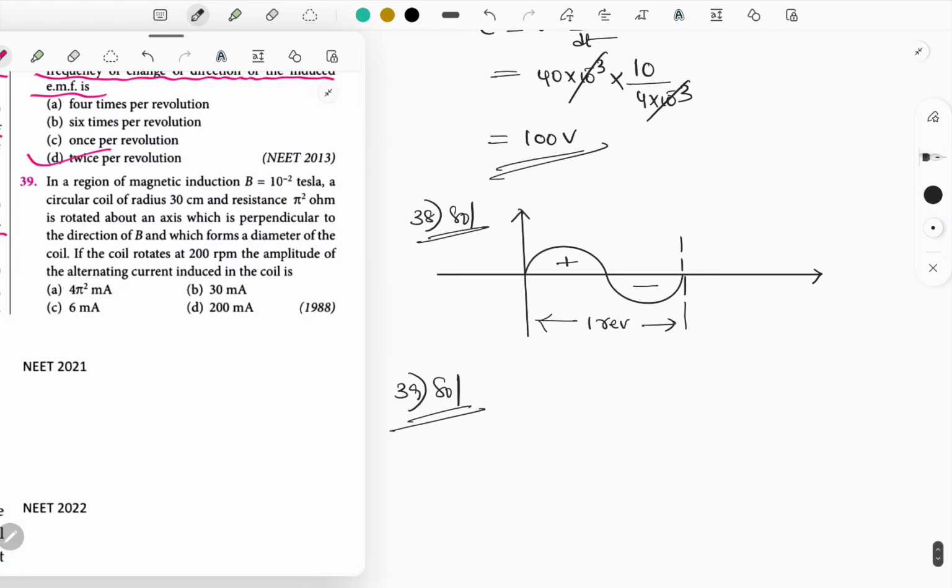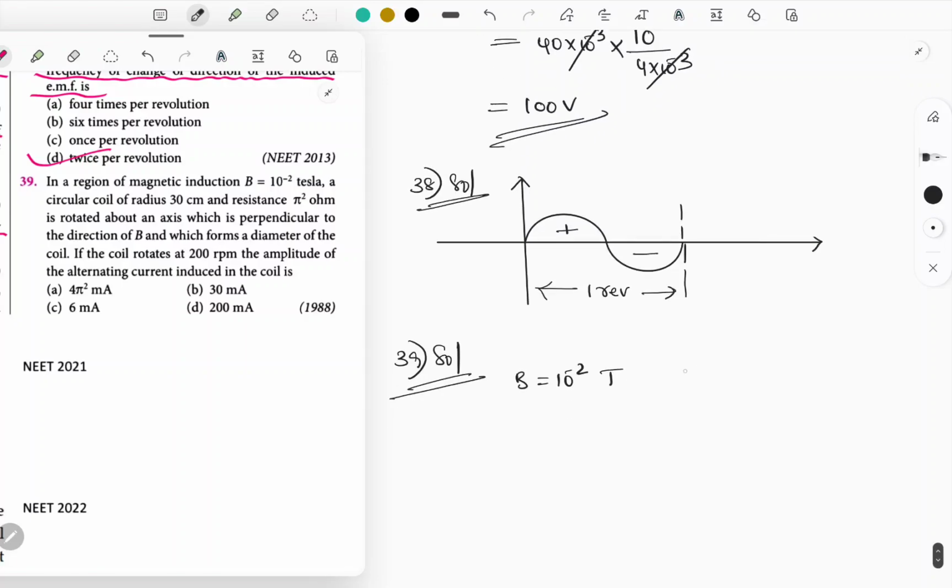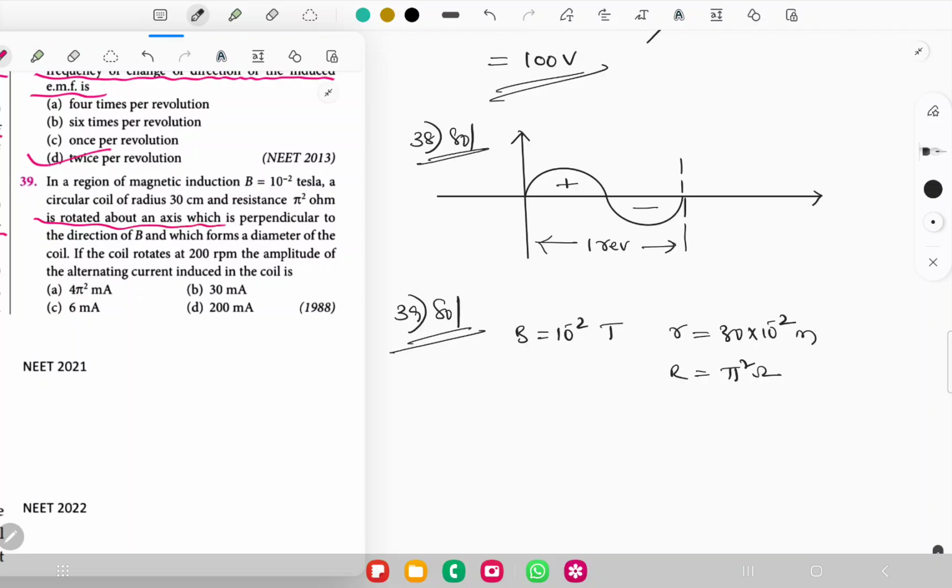Okay. So in a region of magnetic field, B is equal to 10 power minus 2 Tesla. A circular coil of radius 30 centimeter, that is 30 into 10 power minus 2 meter, of resistance R is equal to pi square ohms, is rotated about an axis which is perpendicular to direction of magnetic field, forms a diameter of the coil.